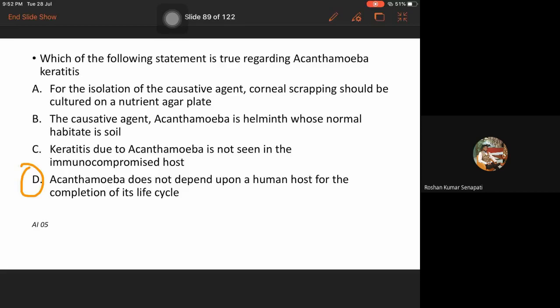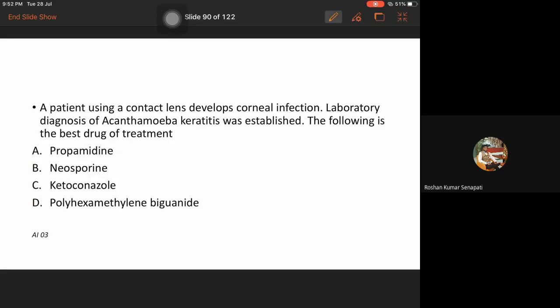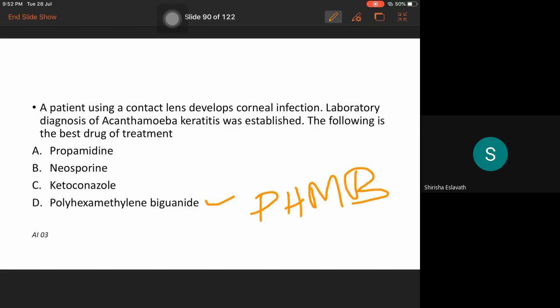The next question. A patient using a contact lens develops corneal infection. Lab diagnosis of Acanthamoeba keratitis was established. Which is the best drug for treatment? Polyhexamethylene biguanide, PHMB. You have to remember that. That is the drug of choice, followed by propamidine isethionate.